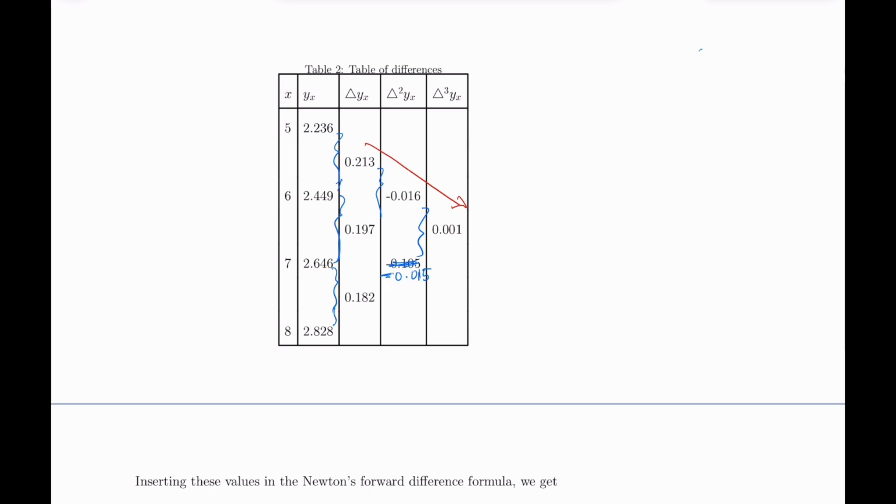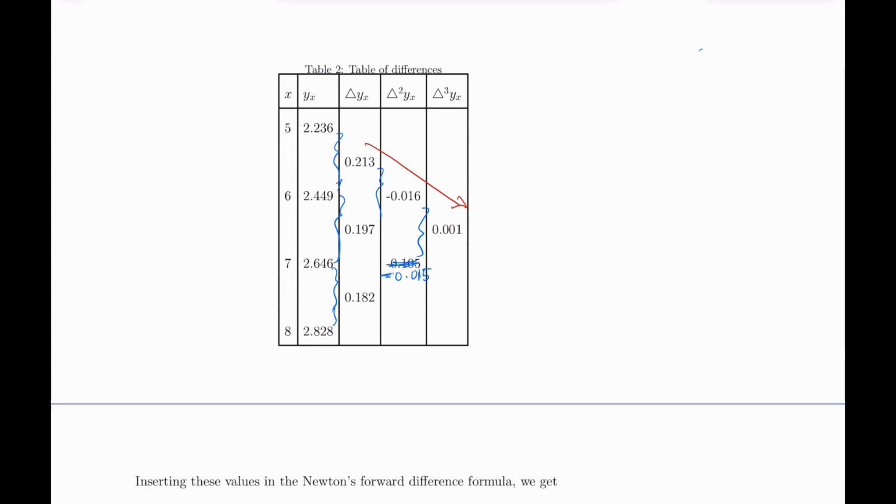Next, the second order forward difference. The difference of 0.197 and 0.213 is minus 0.016. The difference of 0.182 and 0.197 is minus 0.015. And the third order forward difference is the difference of these two.